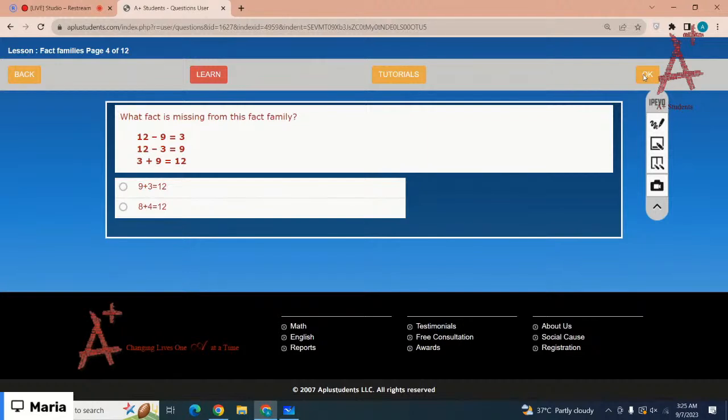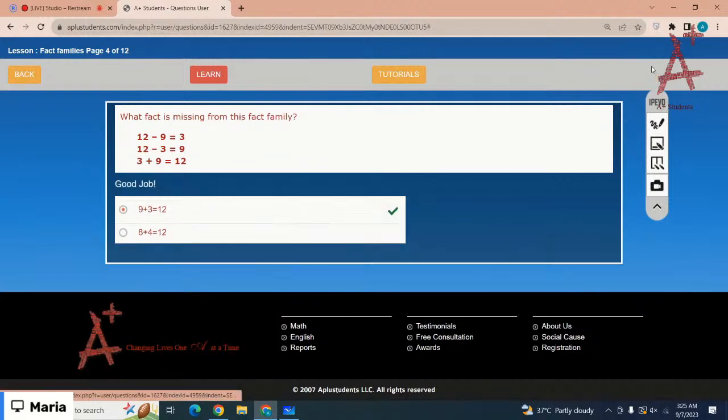That means the missing one would be related to addition, right? That means the correct one is option number 1, because the numbers involved are 3, 9, and 12, so it would be 3 plus 9 equals 12. So, very good, option number 1 is the correct option.